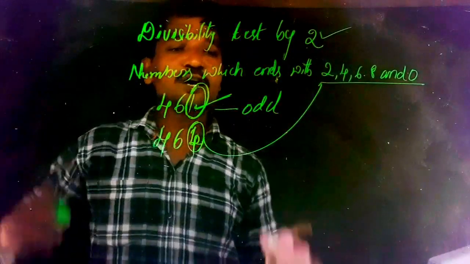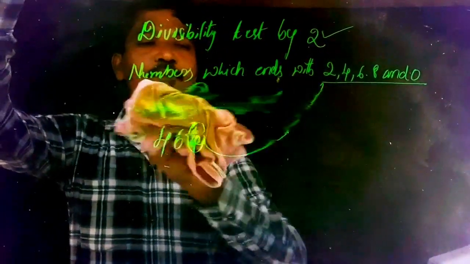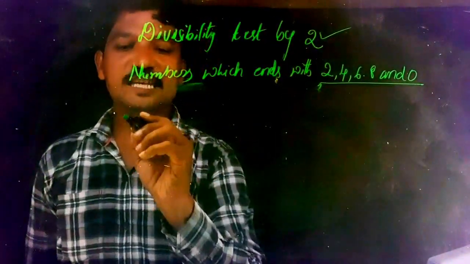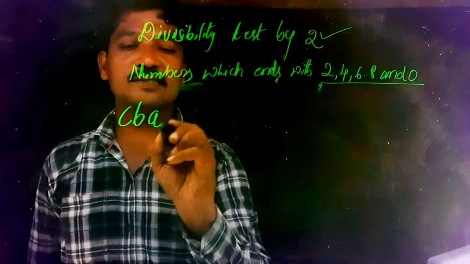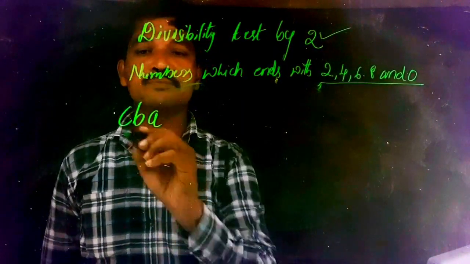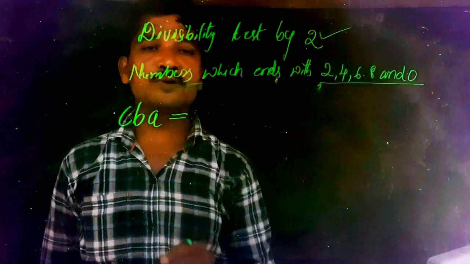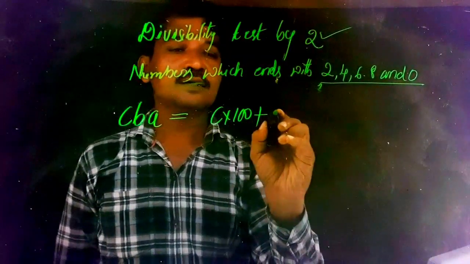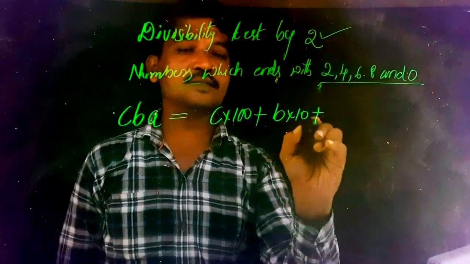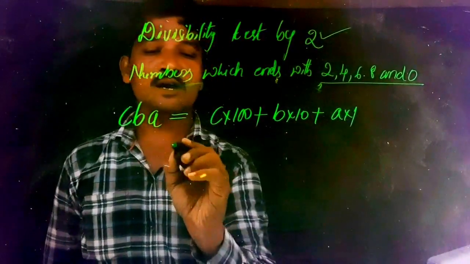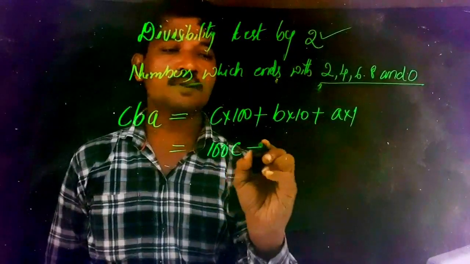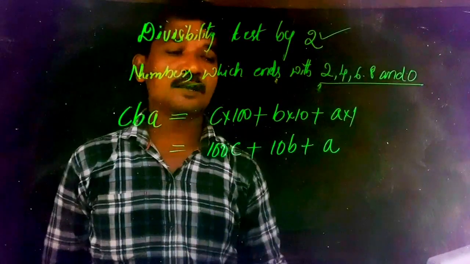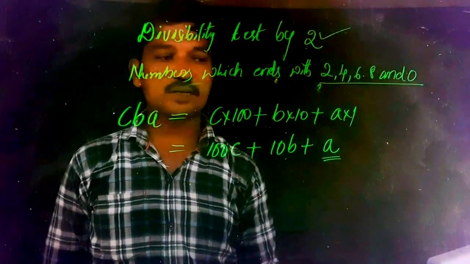Therefore, how do we need to write this in the formula? I will take the same condition. CBA is a 3-digit number. How do we write it in its expanded form? C into 100 plus B into 10 plus A into 1. So it is 100C plus 10B plus A. It is our unit place number.